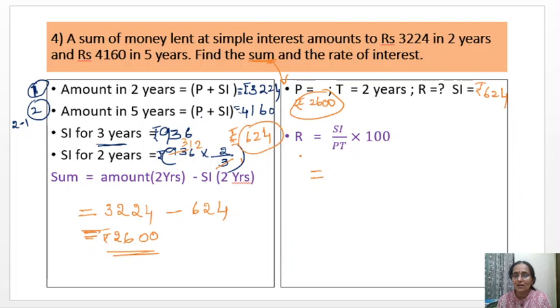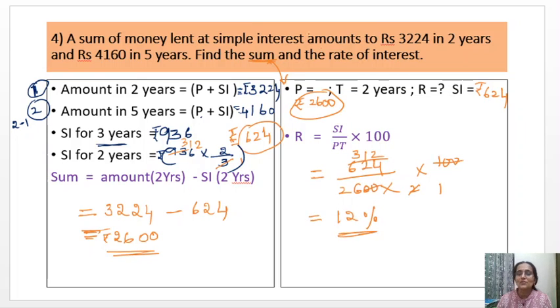Now you will find out R by using the formula: simple interest 624 divided by principal amount 2600 into time 2 years into 100. It is cancelled here itself. R is 12%.